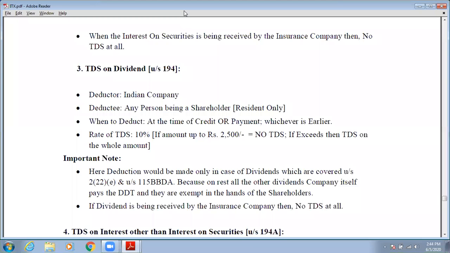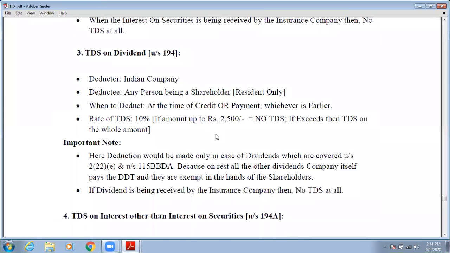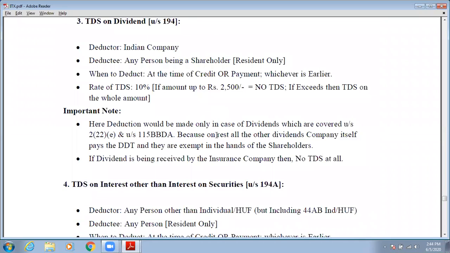Okay. Now there is some important note on TDS on dividend. So let's see what is it. So see, here deduction would be made only in case dividends which are covered under section 222 and the section 115 TDS.